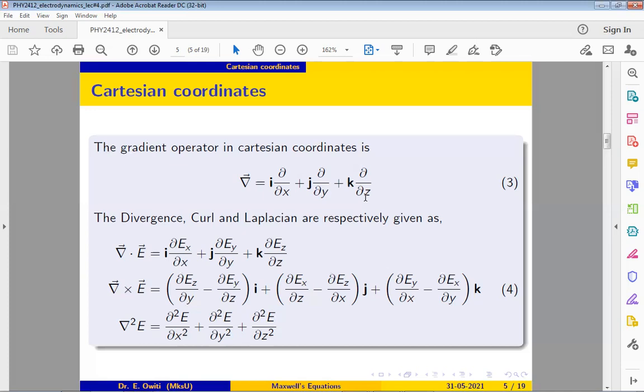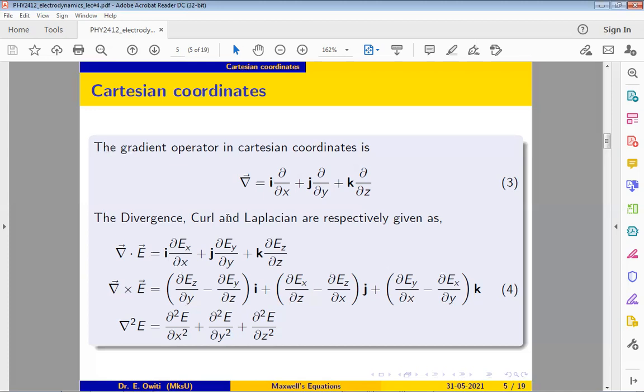And of course, it contains the unit vectors i, j, k. So using this mathematical operator, we can obtain three equations, that is the divergence, the curl, and the Laplacian.